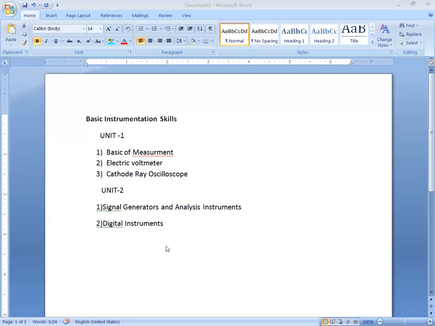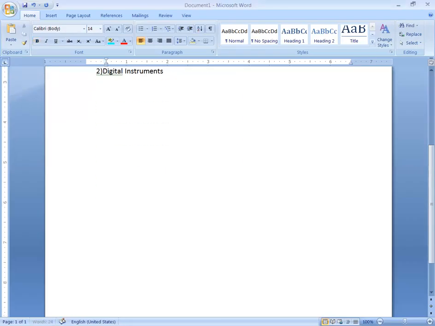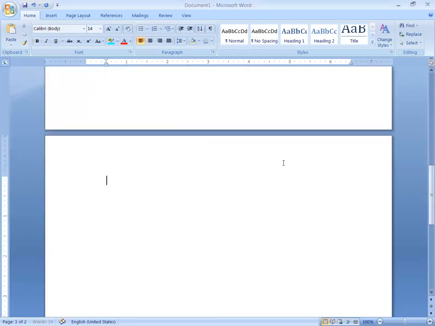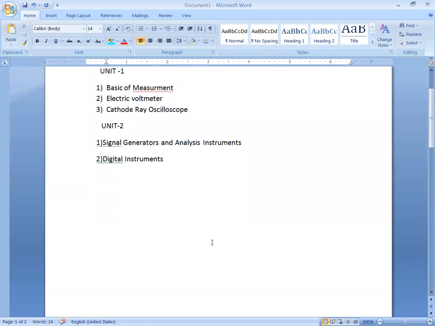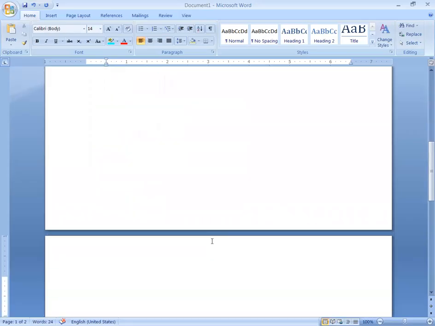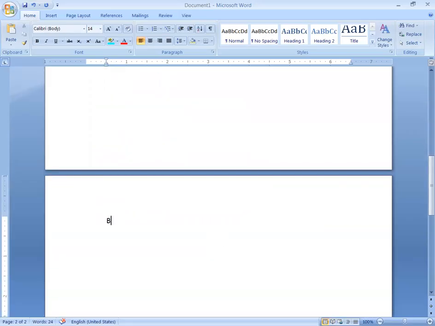Now the first unit is basic of measurement.